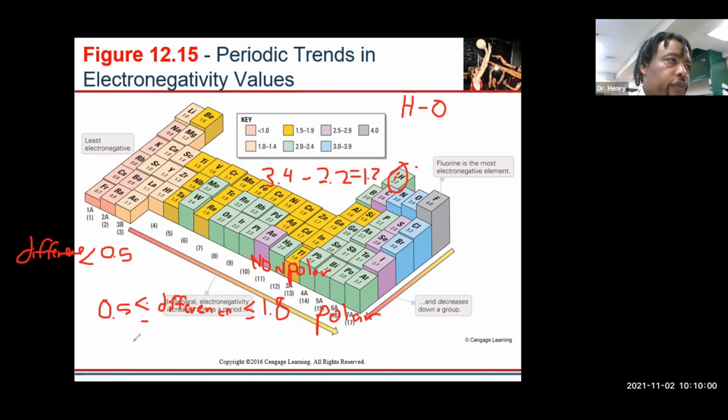And if it's greater than 1.8, it's going to have ionic character, meaning it's going to act as if it's an ion, or it's going to be an ion.